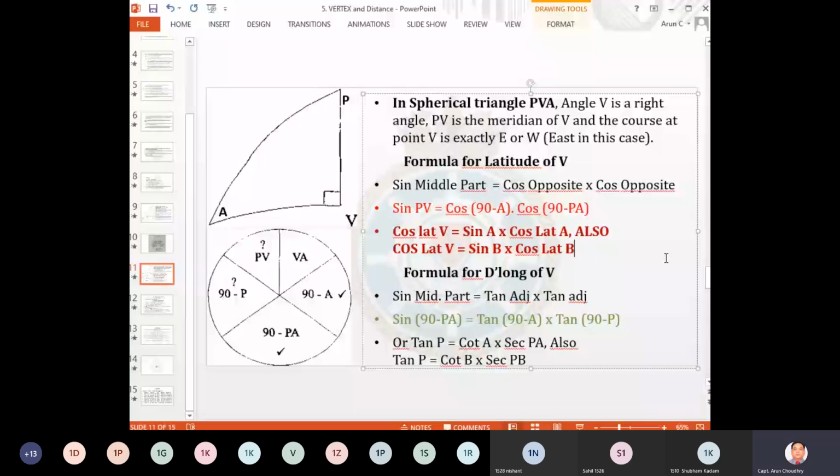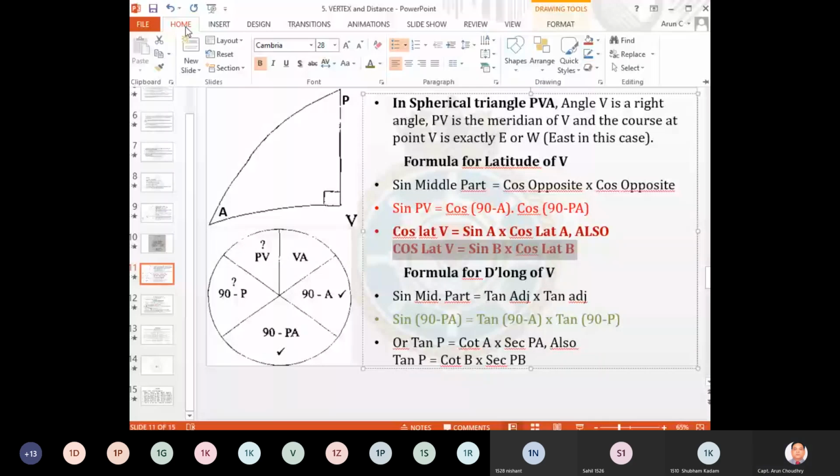One more thing: just disregard these ones, because this is if we are using the other side of the triangle.